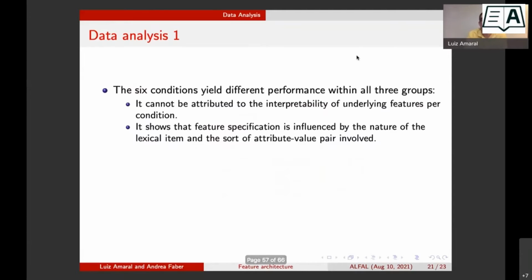So the 6 conditions yield different performance within all 3 groups. So it cannot be attributed to the interpretability of underlying features per condition, right? It shows that feature specification is influenced by the nature of the lexical item and the sort of attribute value pair involved. That would be an analysis in line with the feature architecture that we are using here, right?